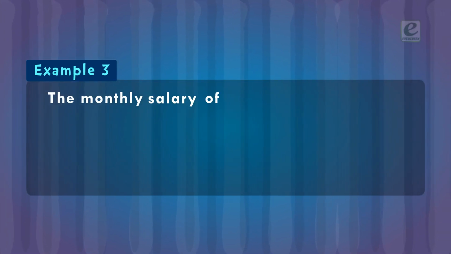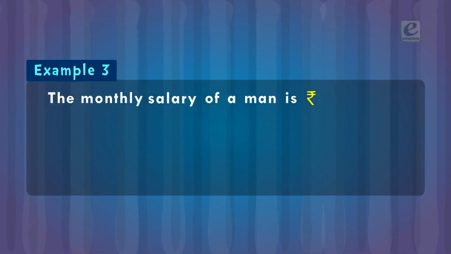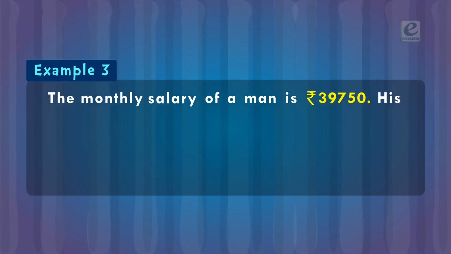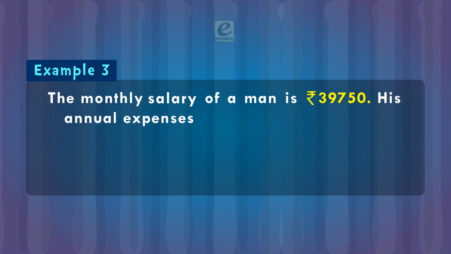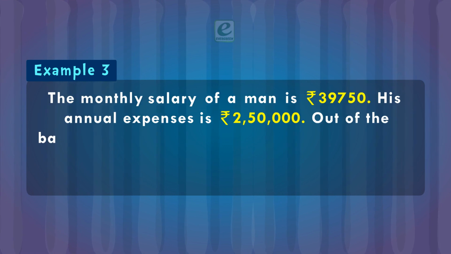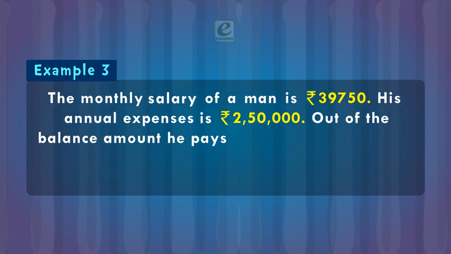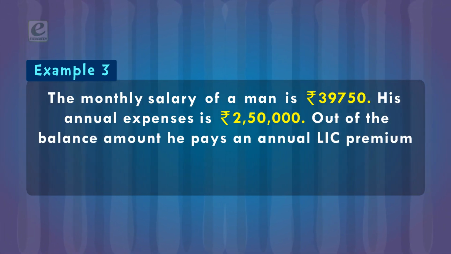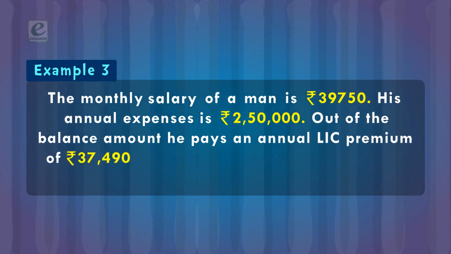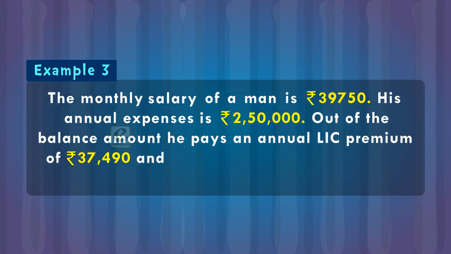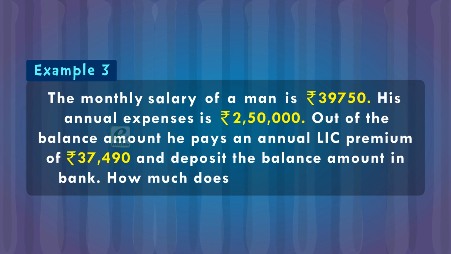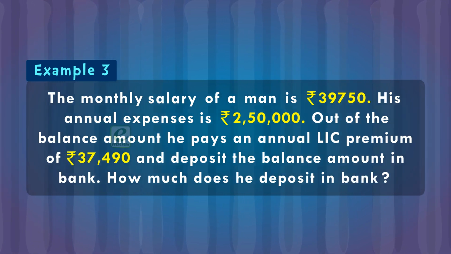Let us solve another problem. The monthly salary of a man is rupees 39,750. His annual expenses is rupees 2,50,000. Out of the balance amount, he pays an annual LIC premium of rupees 37,490 and deposits the balance amount in bank. How much does he deposit in the bank?